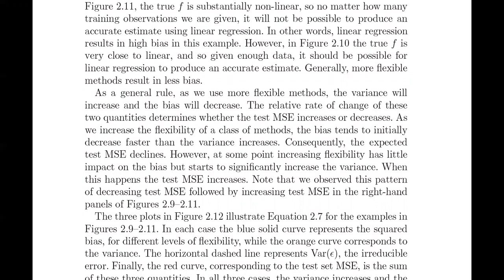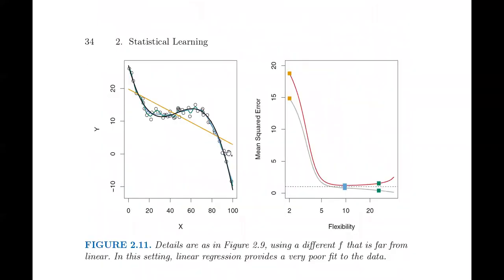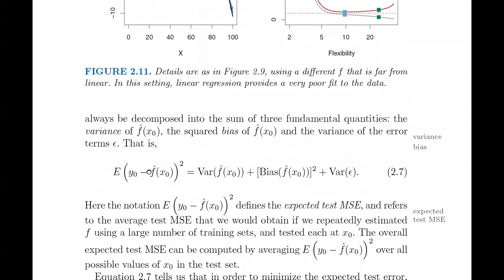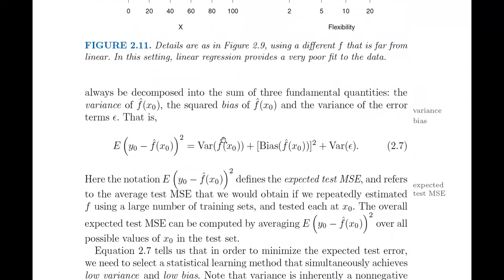The relative rate of change of these two quantities determines whether the test MSE increases or decreases. As we increase the flexibility of a class of methods, the bias tends to initially decrease faster than the variance increases. So remember, it's this balancing act.